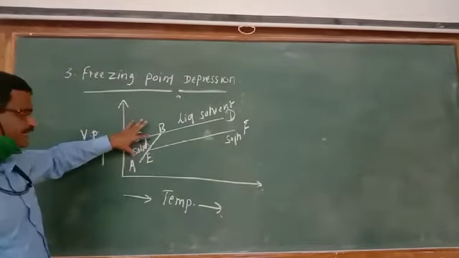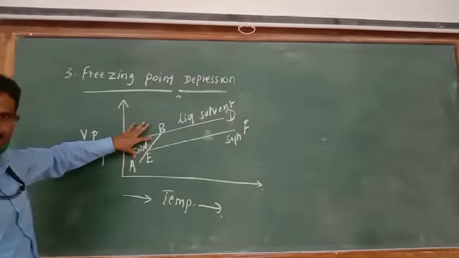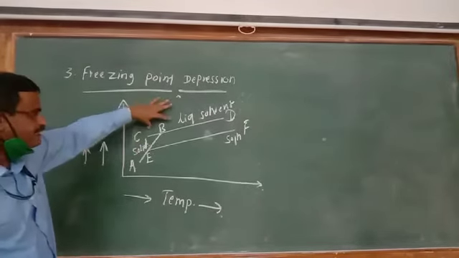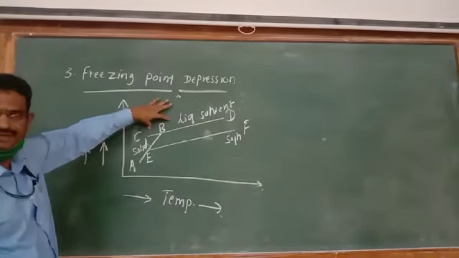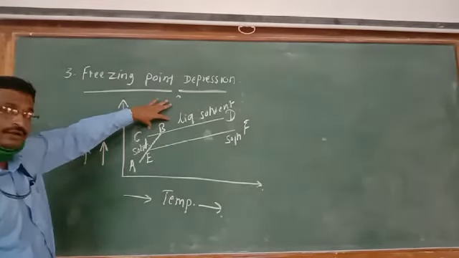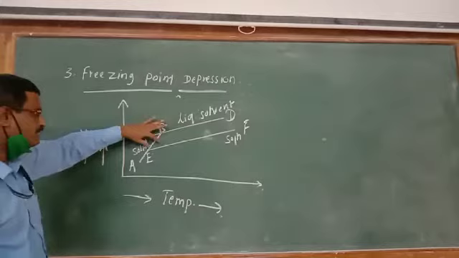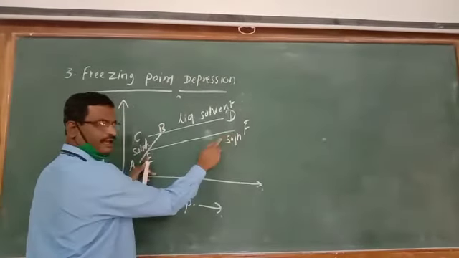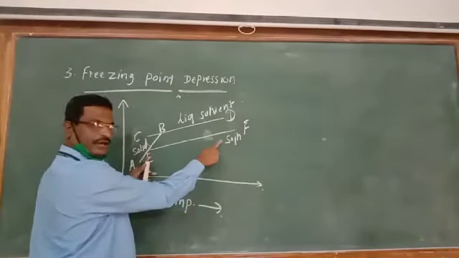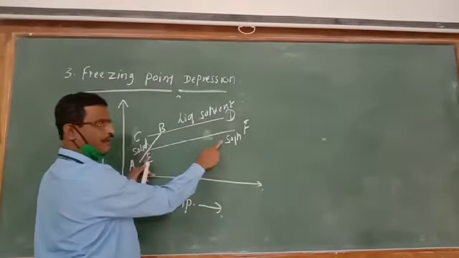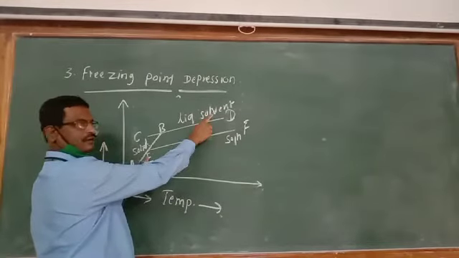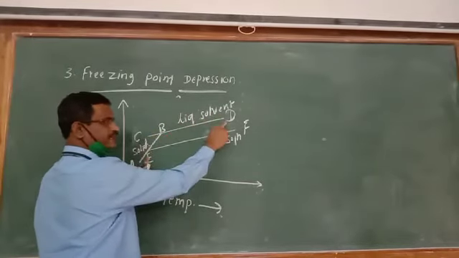So what is AB? AB is the vapor pressure temperature curve of pure solid solvent. CD is the vapor pressure temperature curve of pure liquid solvent. And EF is the vapor pressure temperature curve for a solution where non-volatile, non-electrolyte solute is added to the same solvent taken in the curve CD.